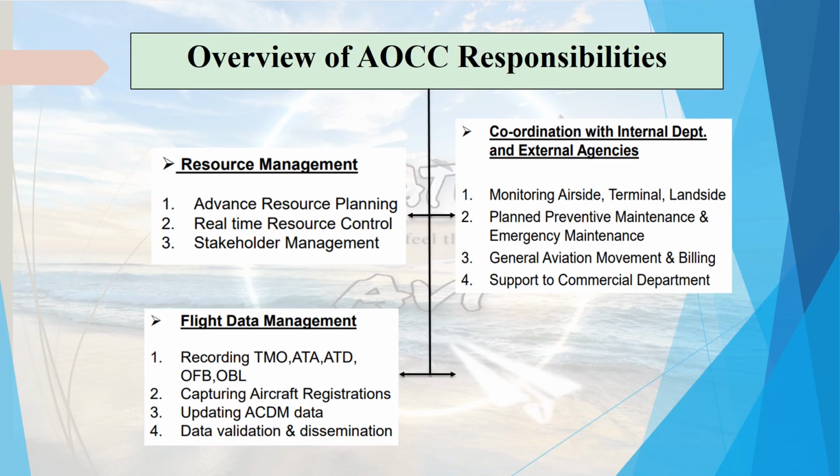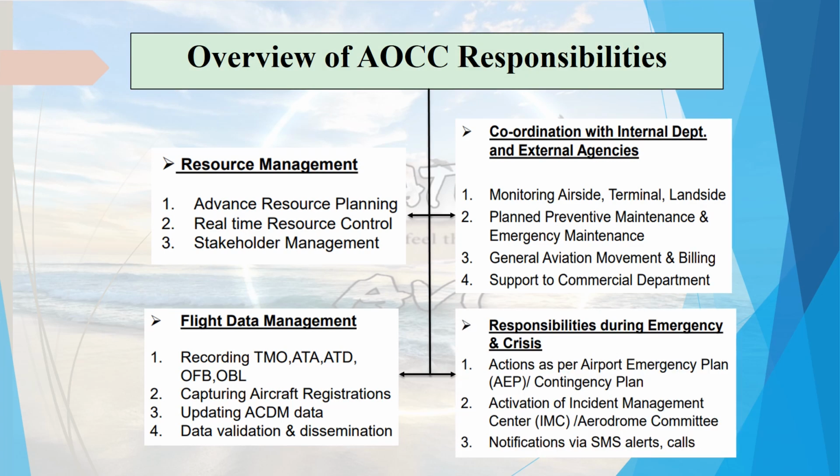The next responsibility of AOCC is coordination during emergency and crisis. The AOCC is to take necessary action as per the airport emergency plan or the contingency plan, where there is a call tree provided for intimation to all the stakeholders regarding the crisis or emergency.